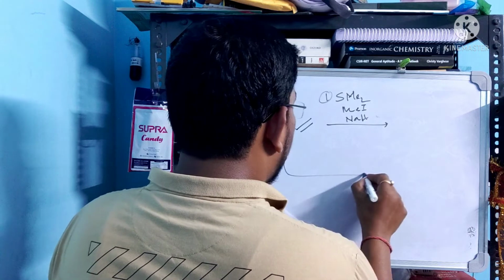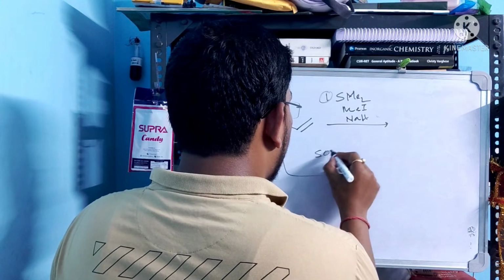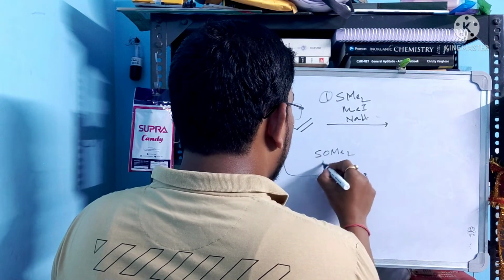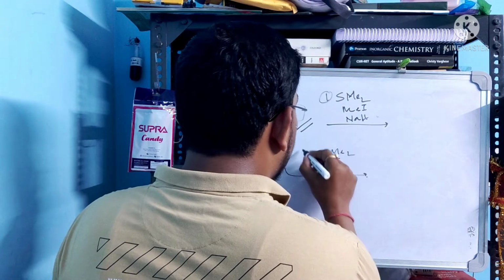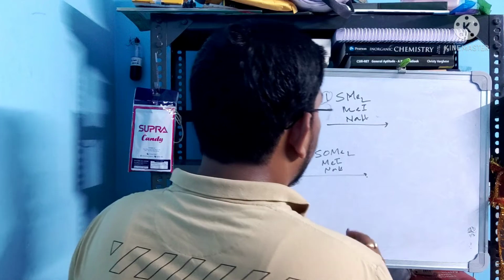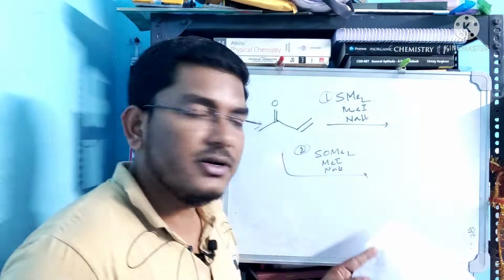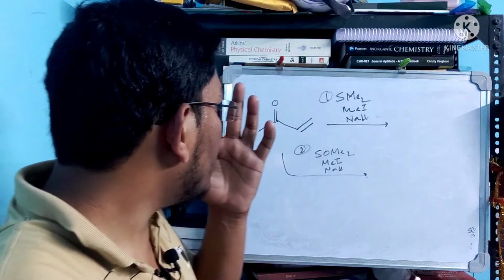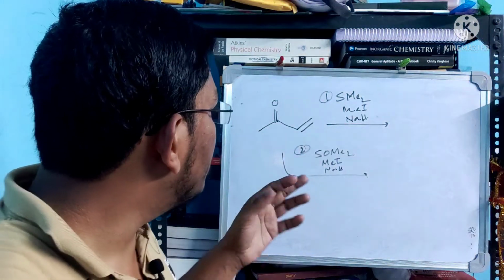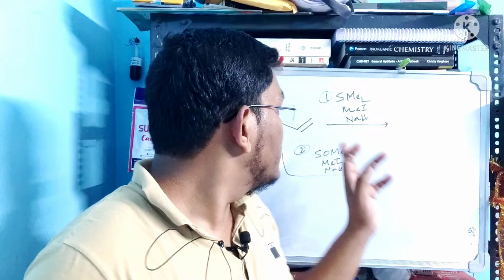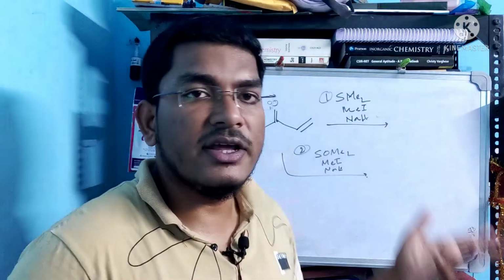Okay, another, the same compound is Me2, methyl iodide, NaNH2. Okay, try to do it yourself. If anyone mentions that this problem is not solvable, then I will make a solution in the next video.